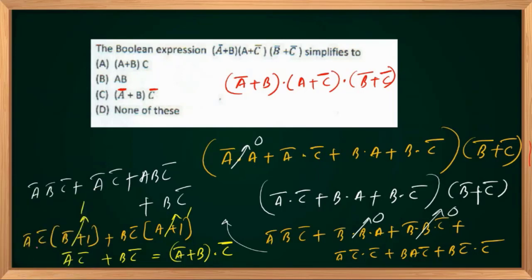We can easily simplify this. This is of the form A plus B, dot A plus C, so that is A plus BC. Here A is C complement, B is A, and C is B complement. So A bar plus B dot C bar. Then you can easily simplify that.